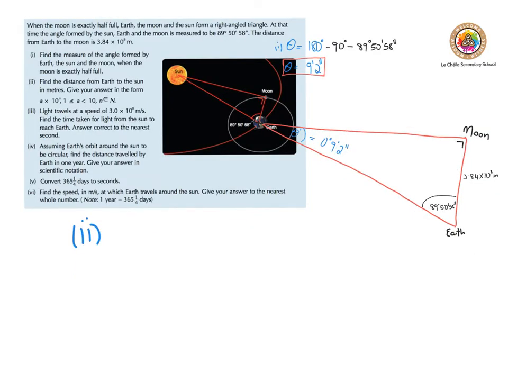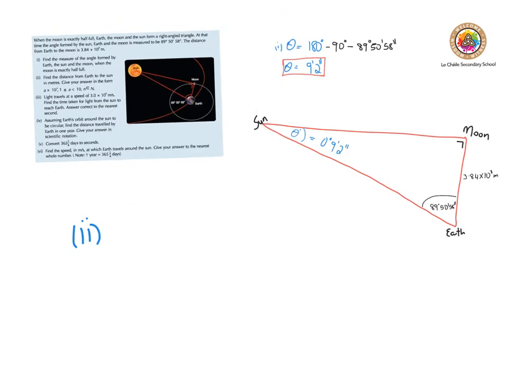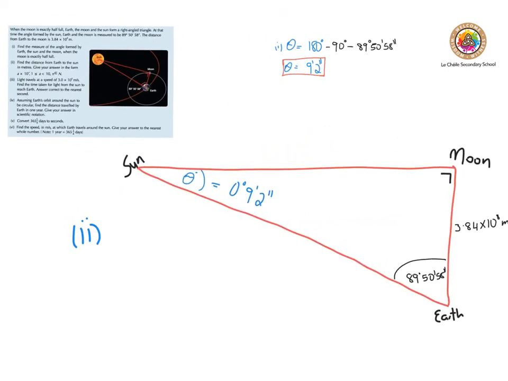Okay, so here in this next question in part two, we're asked to find the distance from Earth to the sun. So there's sun, there's the Earth. So we're asked to find basically the length of the hypotenuse. Okay, so the first thing we're going to do then, we're going to take our right angle triangle and we are going to label the sides of it.